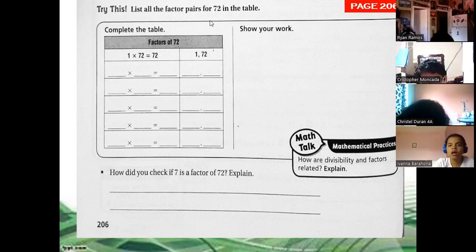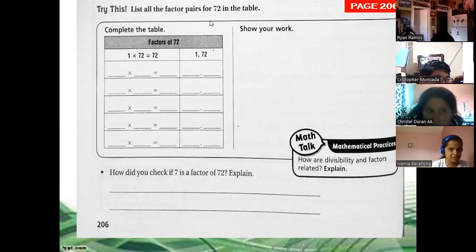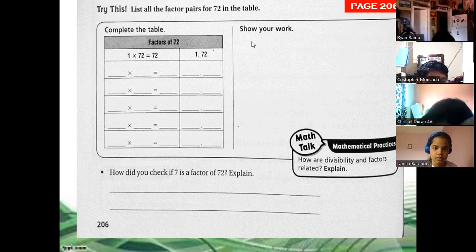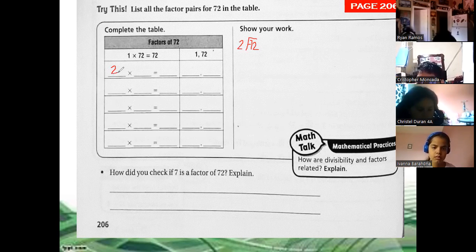So the table tells us 72 is divisible by 2. Is divisible by 2, guys? Yeah. So let's write here 72 divided by 2. Let's do this division. So the next factor is 2.